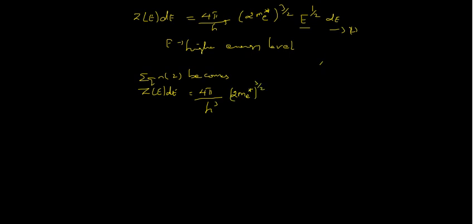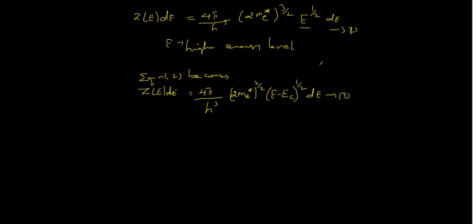Instead of E, you have to put the maximum energy minus EC, so E minus EC power 1 by 2 into dE. Put this as equation number 3.